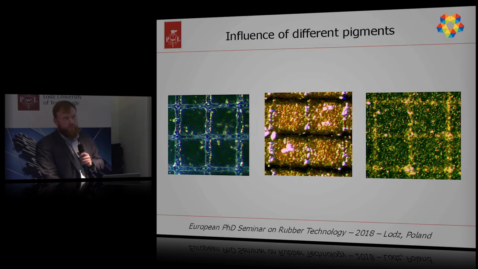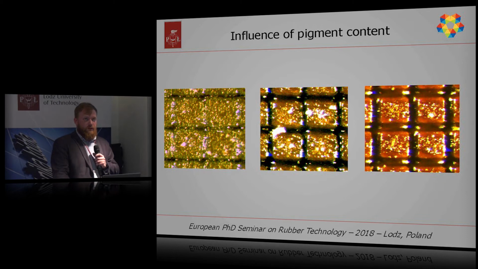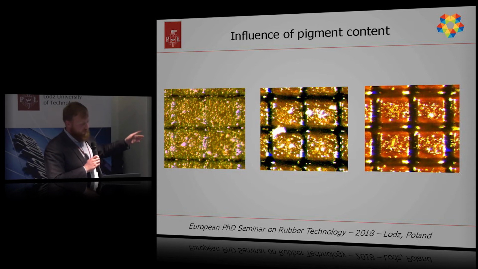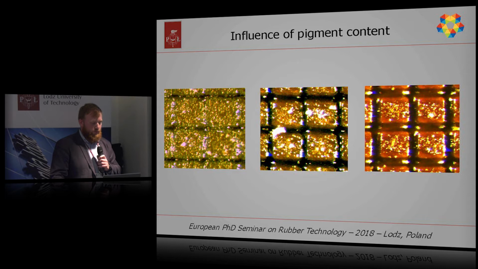So I made more tests and took different contents of pigments. Brown pigments with 1, 2.5, and 5 PHR pigments in rubber, patterning in the same conditions, and we can see different depth of mesh, different depth of patterning.